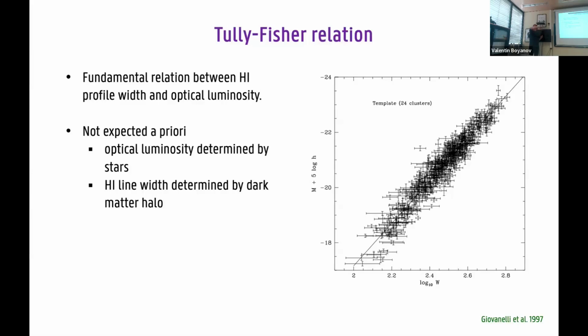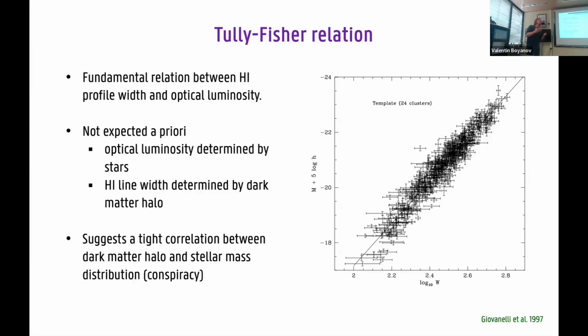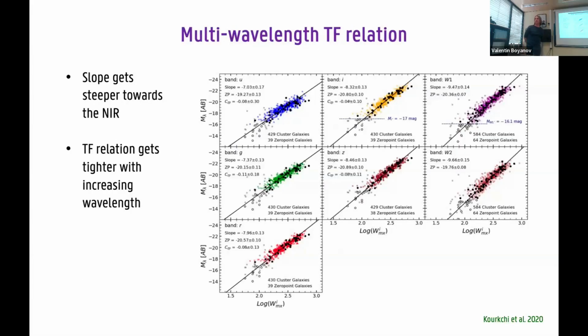So the galaxies have a flat rotation curve, which we find is driven by the dark matter halo, and that sets the H1 profile. So this Tully-Fisher relation probably suggests a tight relation between the dark matter halo and the stellar mass distribution. Some kind of conspiracy that the dark matter halo knows how many stars are being formed in the halo. And it's not that trivial that simulations reproduce this.